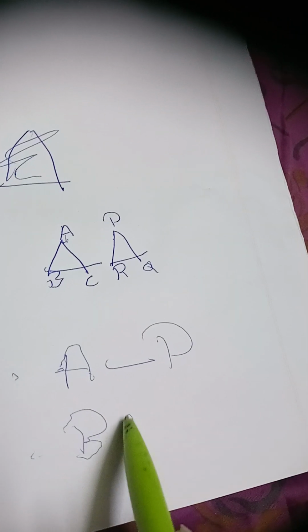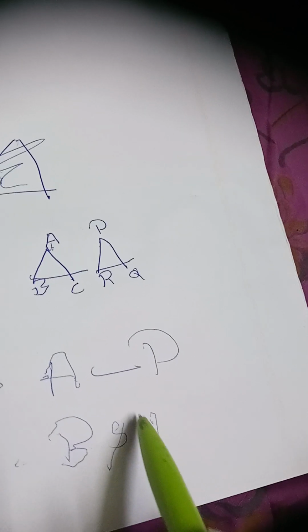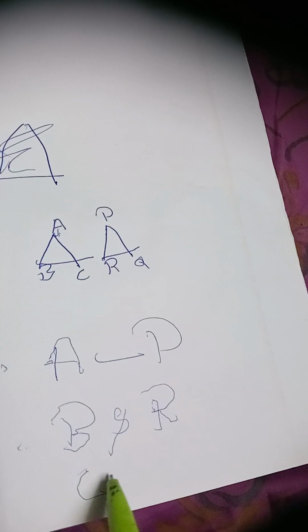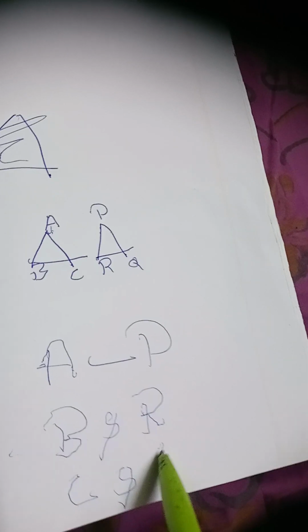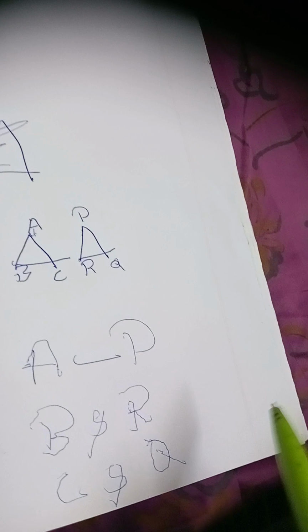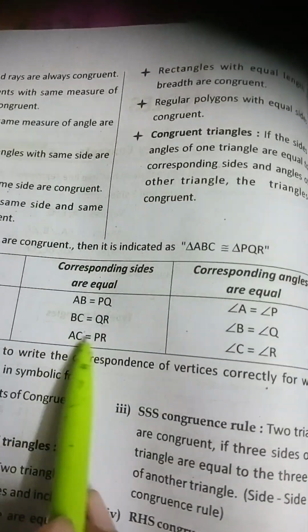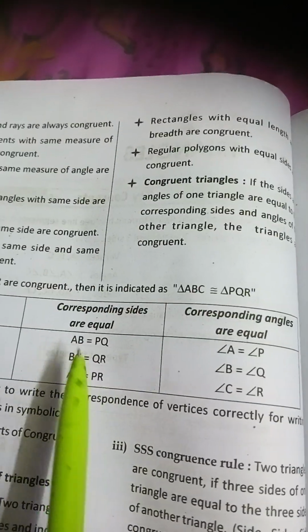B and R are corresponding vertices. C and Q are corresponding vertices. I am recording with one camera, so my handwriting is not nice, guys. See, guys. Now AB is equal to PQ, BC is equal to QR, and AC is equal to PR.